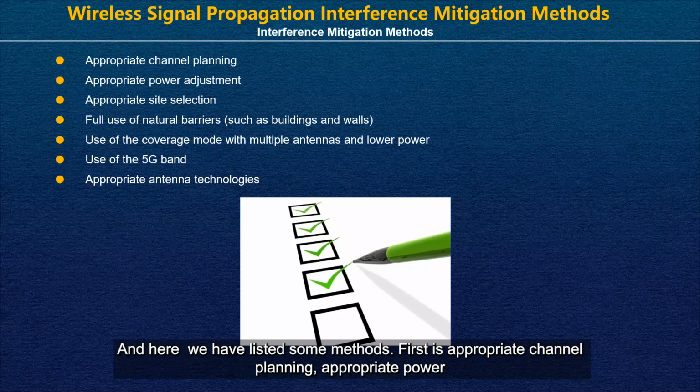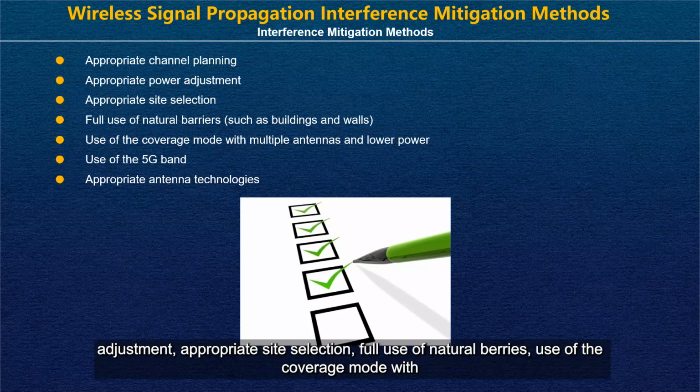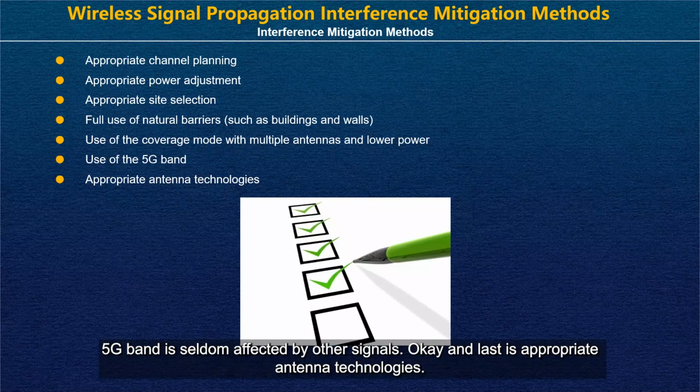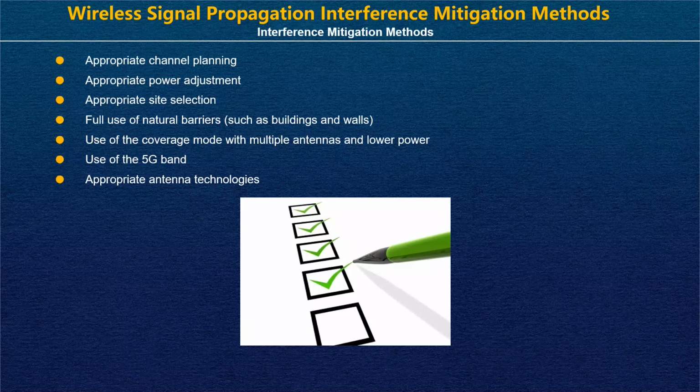First is appropriate channel planning, appropriate power adjustment, appropriate site selection, full use of natural barriers, use of the coverage mode with multiple antennas and local power, use of the 5G band, of course, compared with the 2.4 gigahertz band. The 5G band is seldom affected by other signals. And last is appropriate antenna technologies.